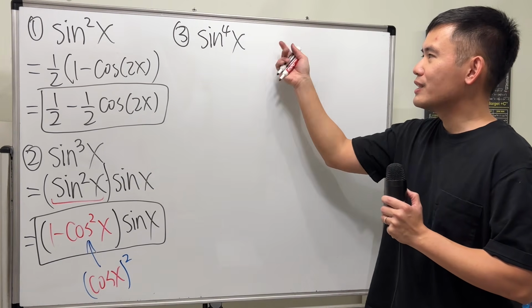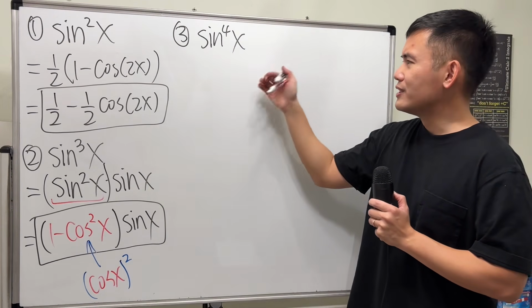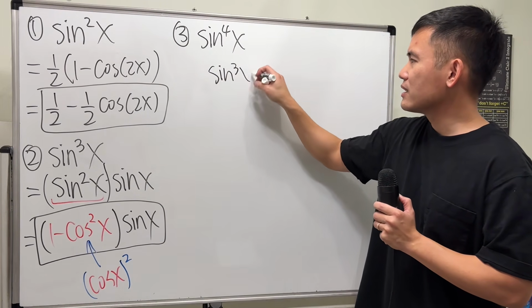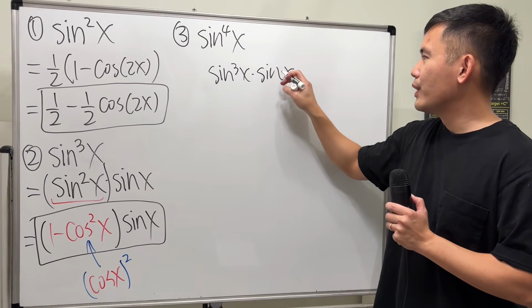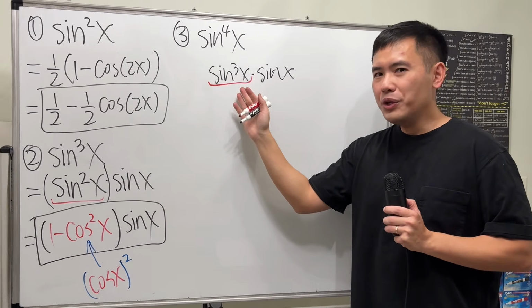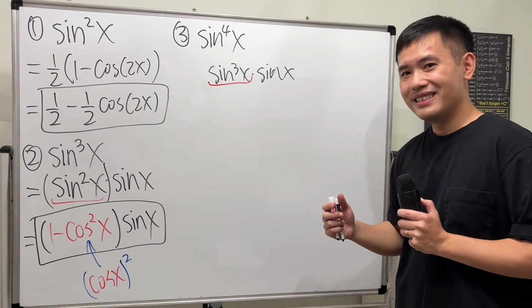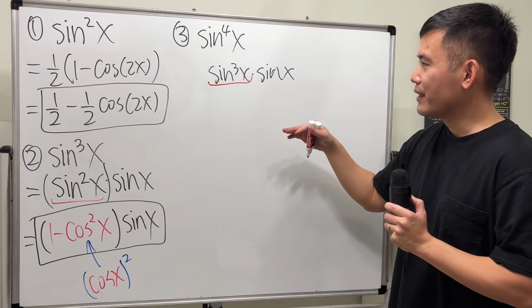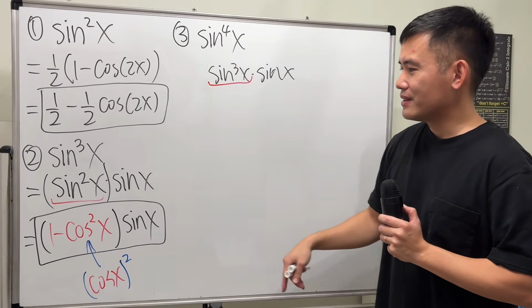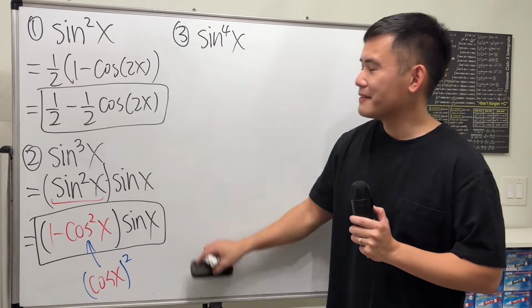Again, we don't have cosine x in the equation. So what do we do? Do we want to separate it to sine to the third power x times sine x? Not really, because if you try to write this in terms of cosine x, it's going to be pretty hard, because this is the third power and we need a second power, right? So don't do that.